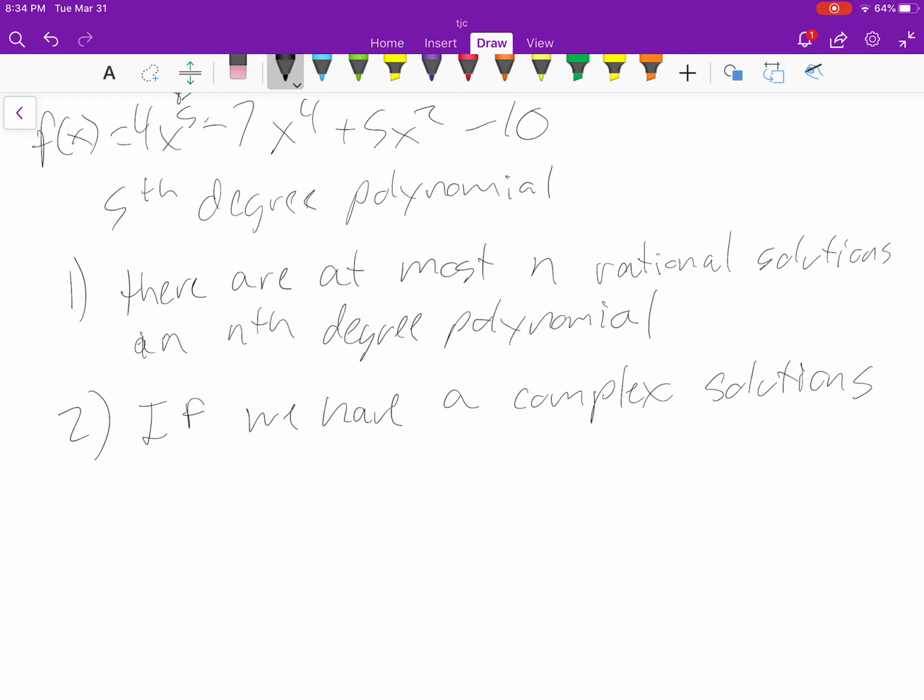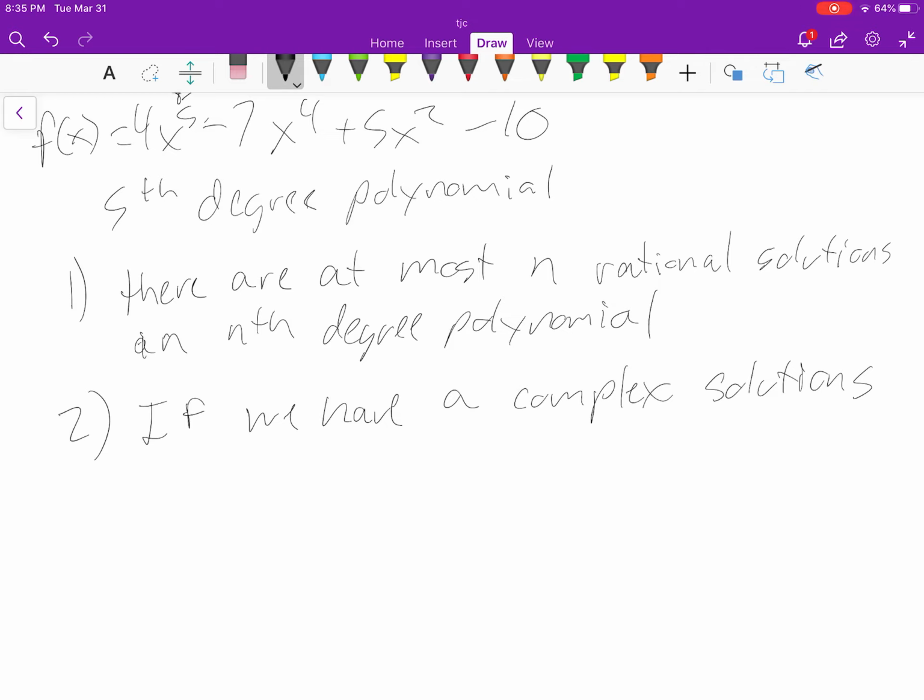Every polynomial higher than the first degree can have complex solutions. Even first degree, because you can always have 2x plus 5 equals 0, and the solution to this, well, no, you can't. Never mind. It's got to be greater than 1. It's got to be 2.